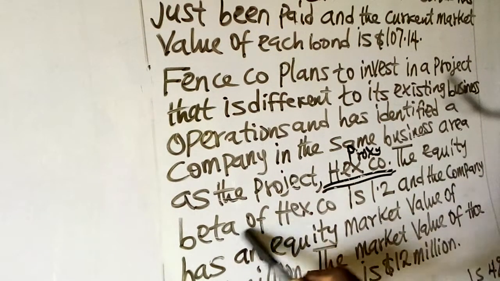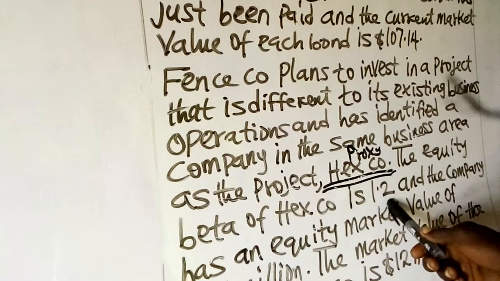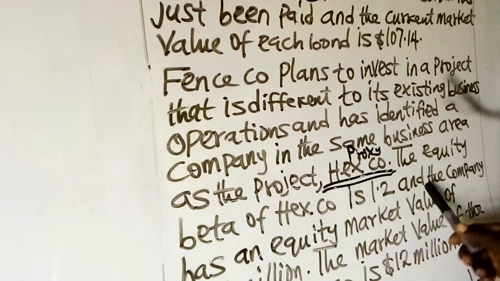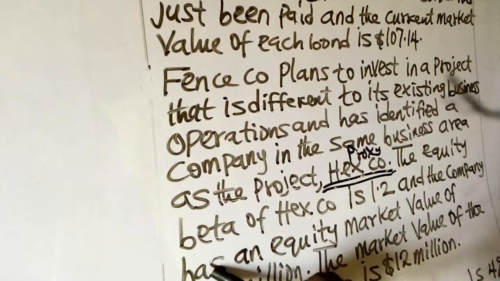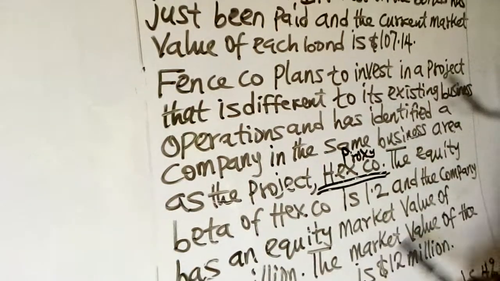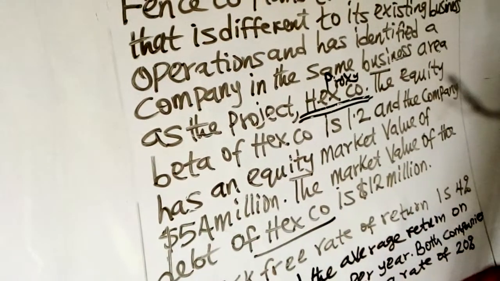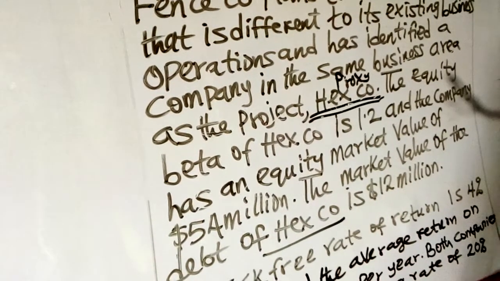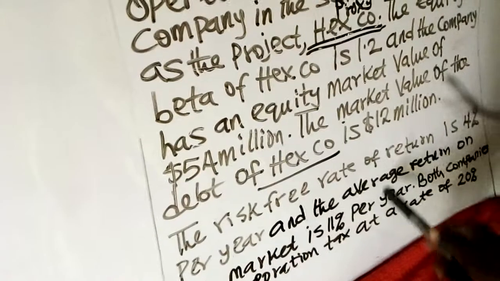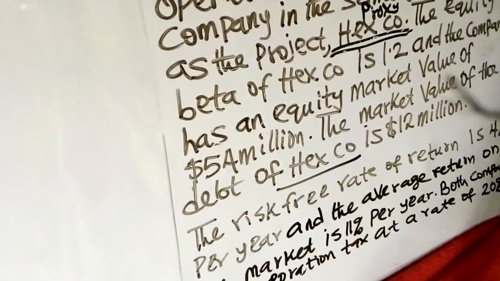The equity beta of Fesco is 1.2. You don't need the equity beta in A, and the company has an equity market value of $54 million. The market value of the debt of Fesco is 12 million.